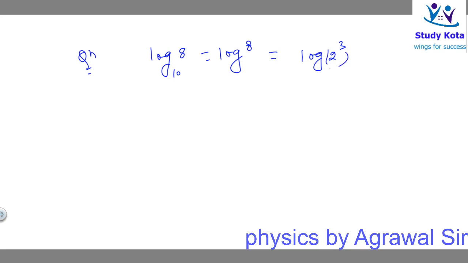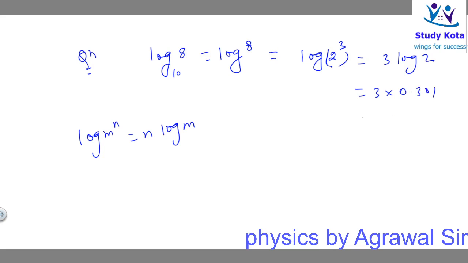You can write the value of 8 like 2 power 3. And by using this concept, log m^n is n log m, ये होता था, हम इसको देख के लिख सकते हैं कि 3 log of 2. So 3 into log 2. तो log 2 की वैल्यू हमने अभी देखी है 0.301.